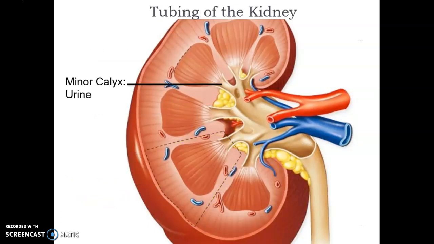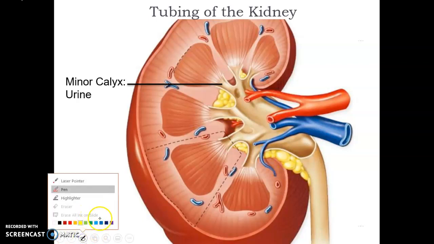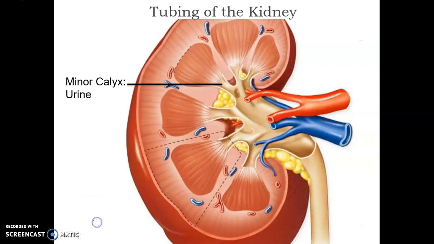All right. Now, coming out of each renal pyramid is a minor calyx. Let me use a different color. Right here. Do you see this tube coming out of each pyramid? These tubes are called minor calyx. Now I want you to focus here.